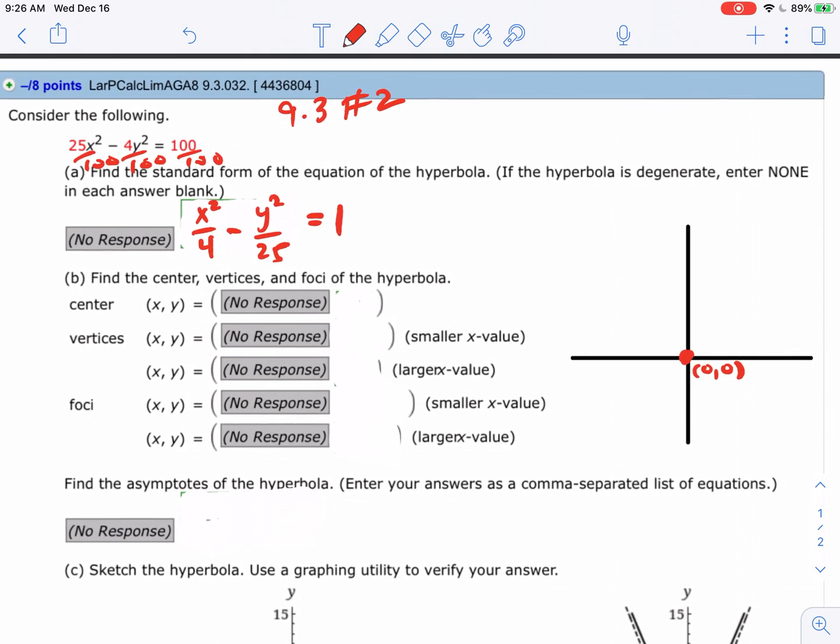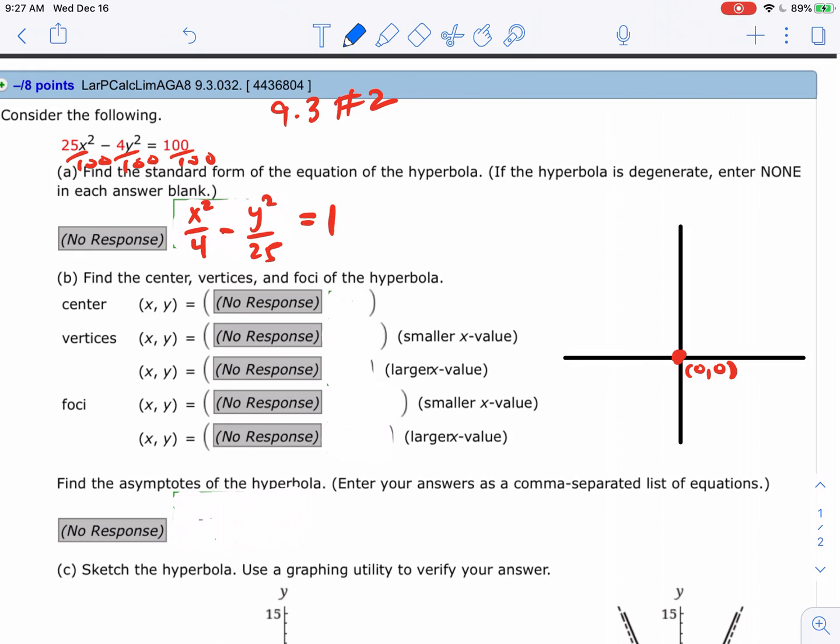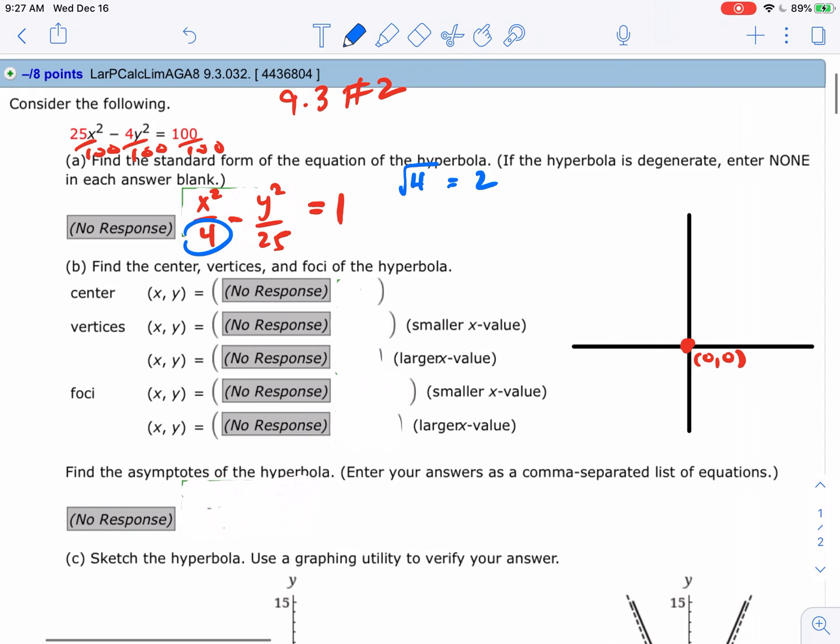Now, the vertices, I like to do the vertices first, and that's what WebAssign is asking us to do. And so with the hyperbola, we always take the first denominator, the positive denominator. So I'm going to take that 4, and then I'm going to square root it, and I get 2. Because it's under the x, I'm going to go to the right and left 2.